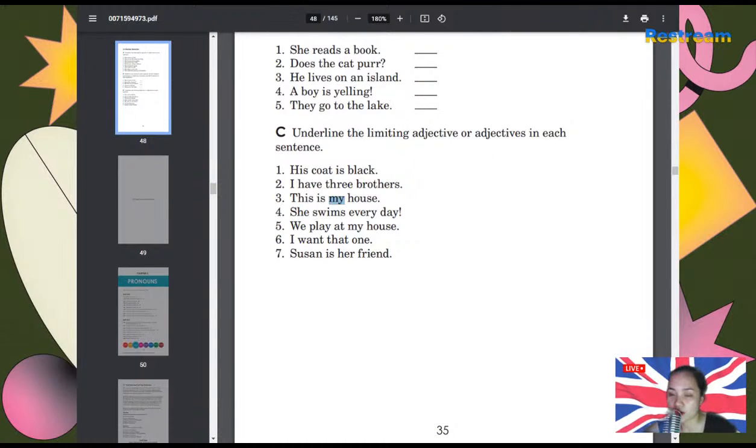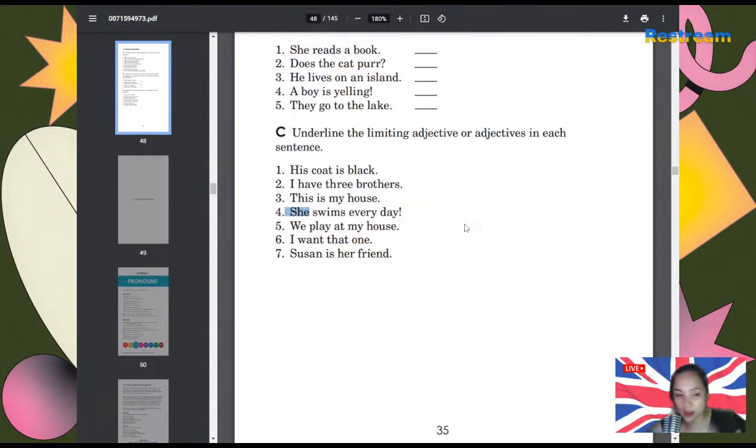Number four. She swims every day. She swims every day. So what is the limiting adjective there? Okay, good job. So the limiting adjective there is she.